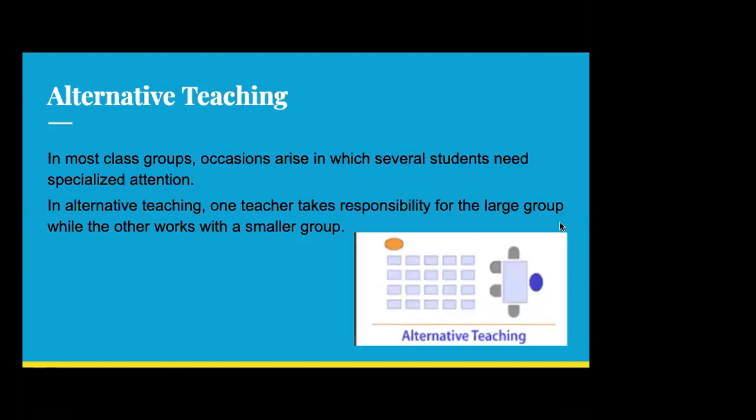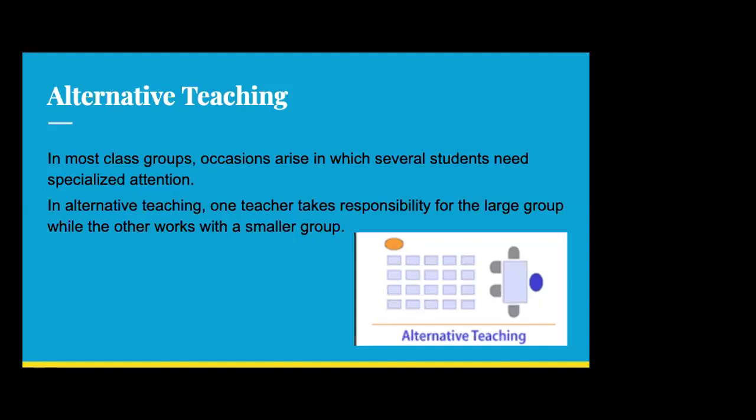Alternative teaching. In most class groups, occasions arise in which several students need specialized attention. In alternative teaching, one teacher takes responsibility for a large group while others work in a small group. I've seen this one a lot with paraprofessionals coming in, and that is that you have a small fraction of kids that just really need some more work on identifying money.